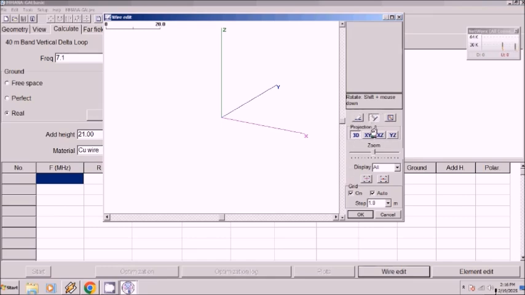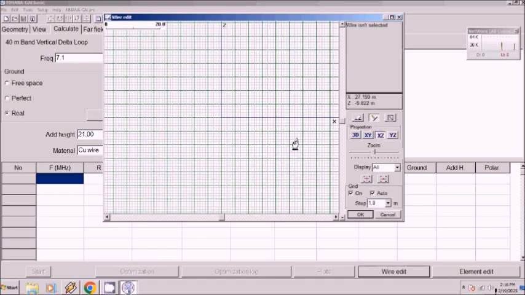At the Z axis here, Z represents the tower, the vertical tower, and X represents the ground level here. So the feed point is 21 meters high.